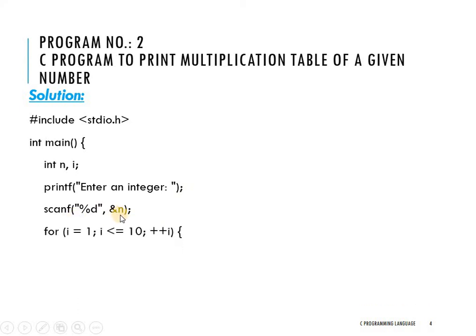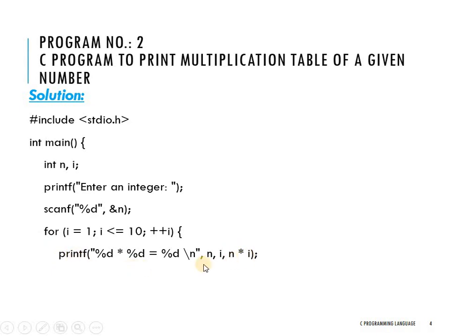And then I am going to use a for loop to print the multiplication table of a given number. Here I am going to display the multiplication table from 1 to 10 only. The logic to print the multiplication table is n into i.